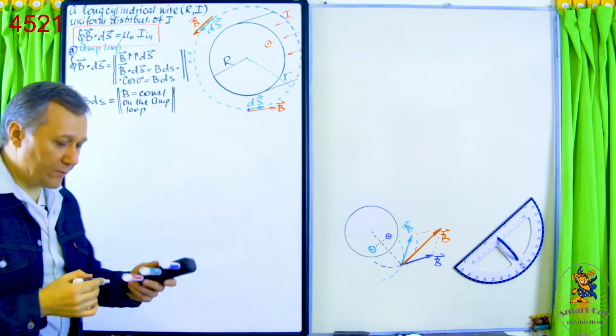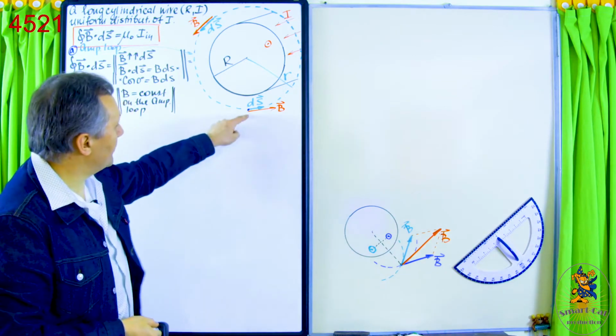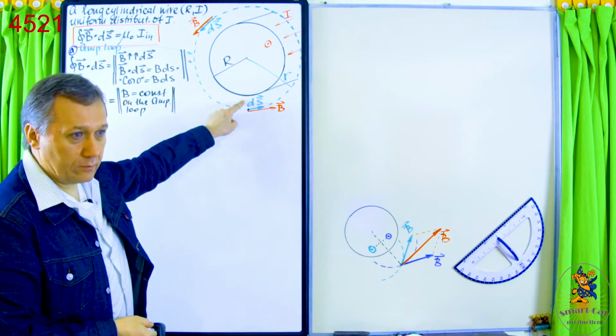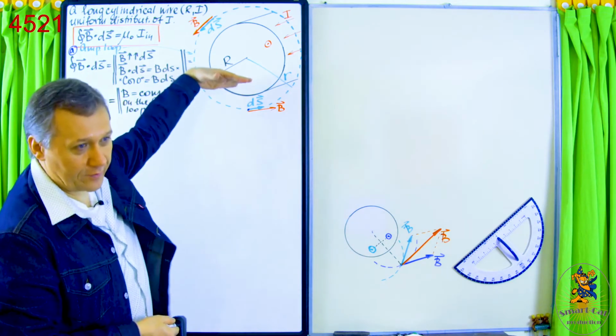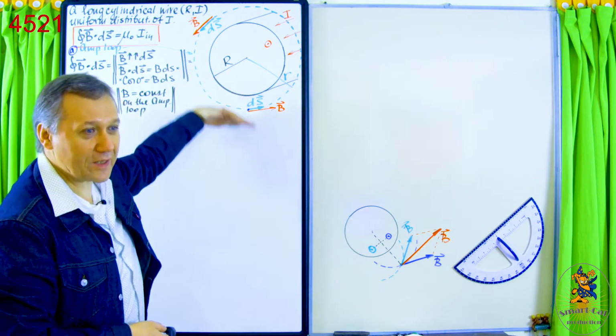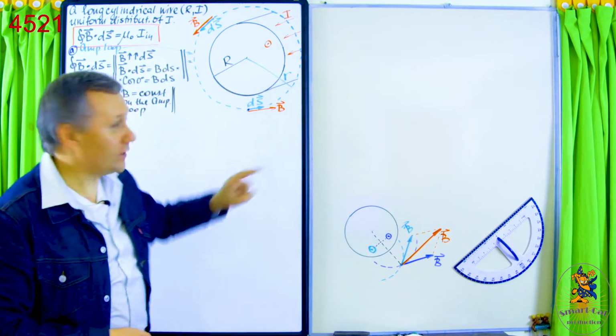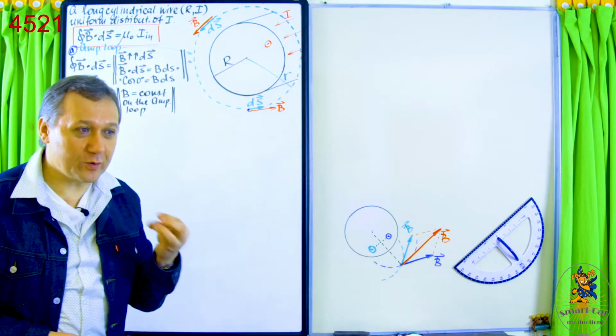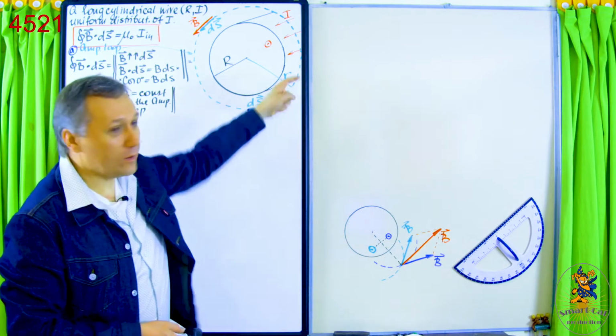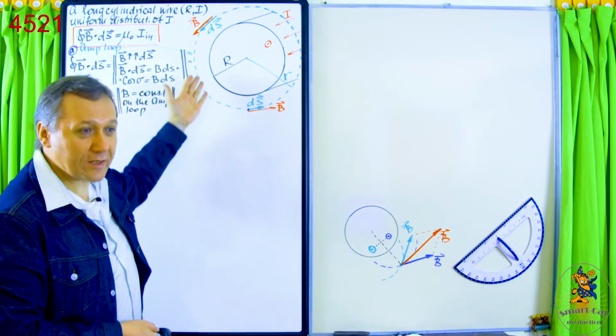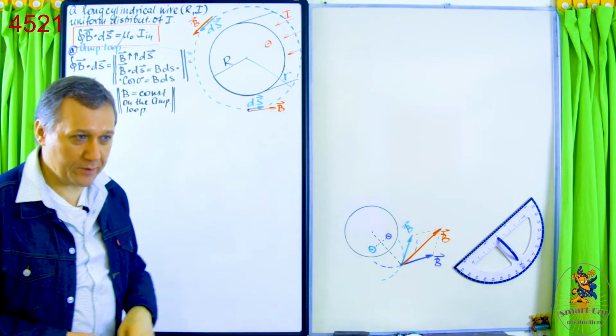If you step away from the amperian loop, for example, step closer, of course the magnetic field gets stronger. If you step away, the magnetic field becomes weaker, right? But since we picked a circle centered on the wire, we can use the symmetry. So the magnetic field is constant only on the amperian loop.